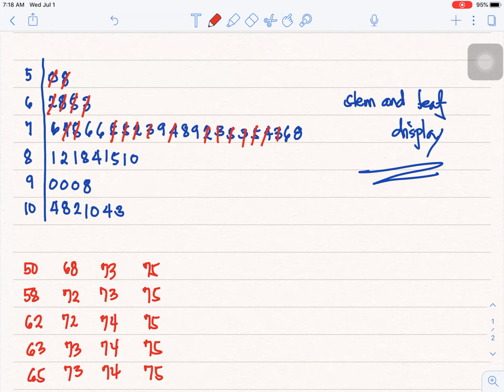Next, 76, 1, 2, 3, 4. Okay, 76. The next, 77. We don't have 77. 78, so we have there 1, 2. Then 79, 1, 2.